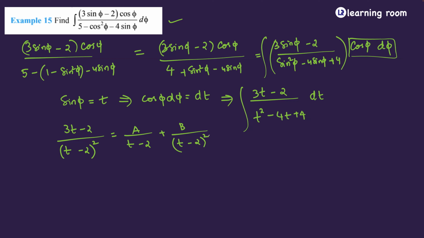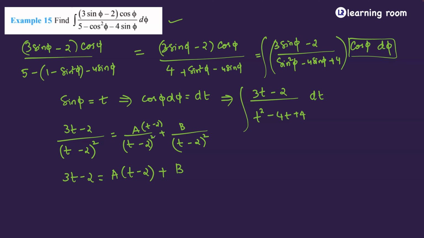So this implies 3t minus 2 is equal to a into (t minus 2) plus b. Did you understand why is it so? Because for a by (t minus 2) plus b by (t minus 2) the whole square, the LCM is (t minus 2) the whole square. So I multiplied the first term with (t minus 2) and compensated with the same. So a into (t minus 2) plus b.